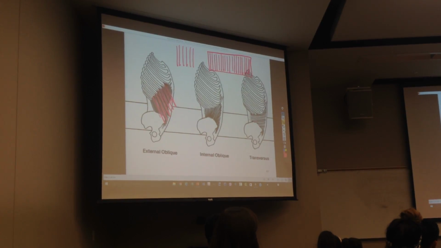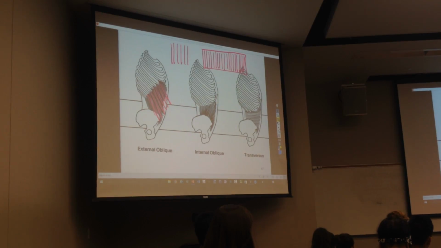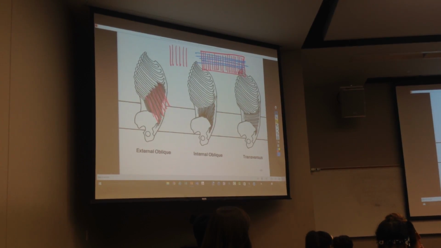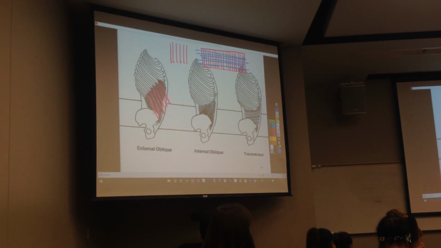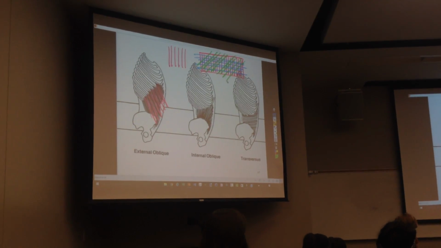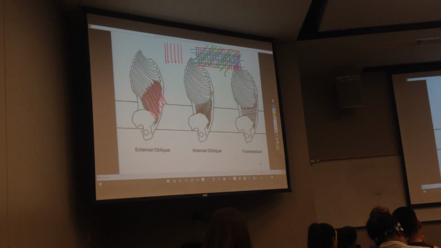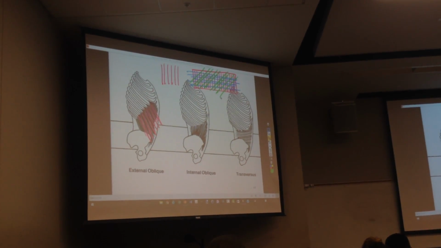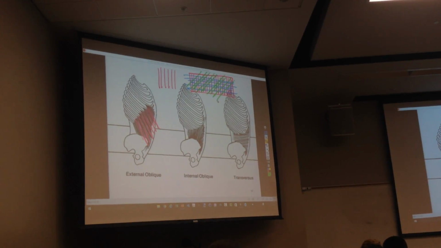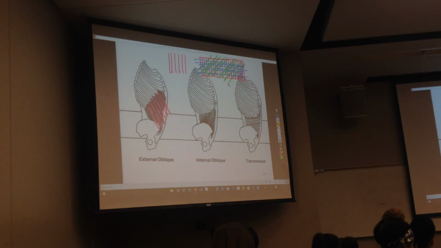So how do you fix that? You add fibers that go perpendicular like this. And then to make it even better, you can also have fibers that are going like this. So what you're doing is crossing the fibers in a way that strengthens the weak direction of the other layers, which is why we have those three layers, superficial, middle, and deep layers.